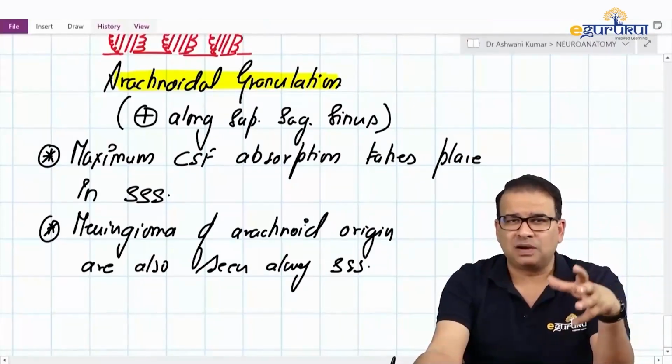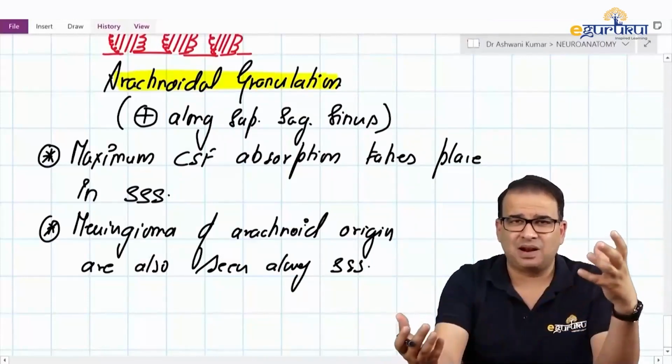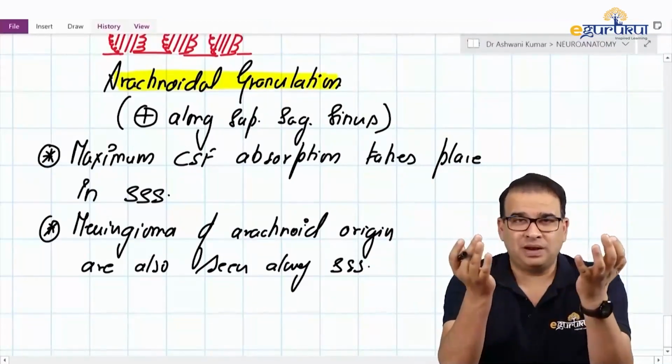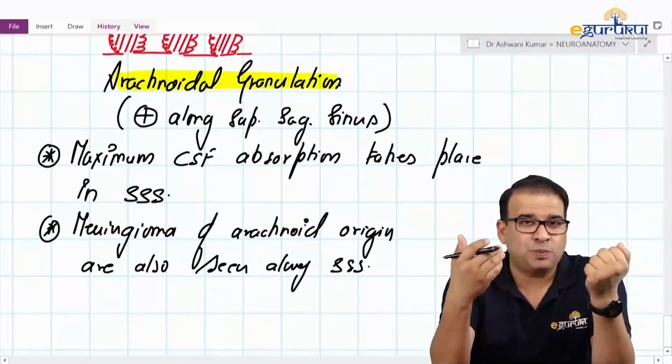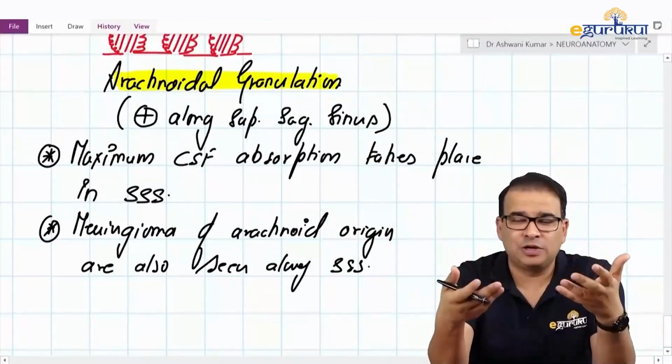Like the vertebral artery, posterior inferior cerebellar artery, basilar artery, posterior cerebral artery, and their branches. They look like they're running on the surface of the brain, but exactly where? They are running superficial to pia mater, but deep to arachnoid matter. That means in the subarachnoid space.